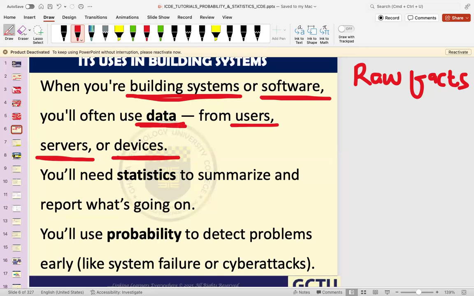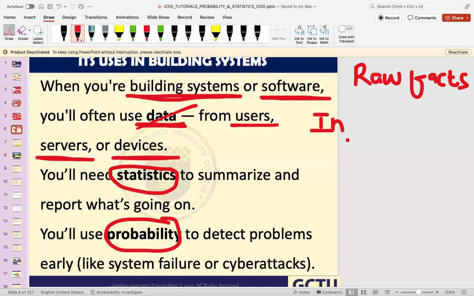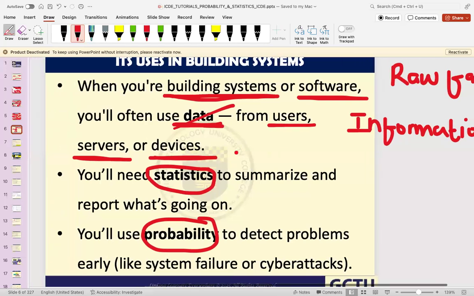How do you crack information from data to build your system? That is the reason why we are doing probability and statistics. You need probability and then you need statistics to be able to crack data to get information for your model building or your system building.